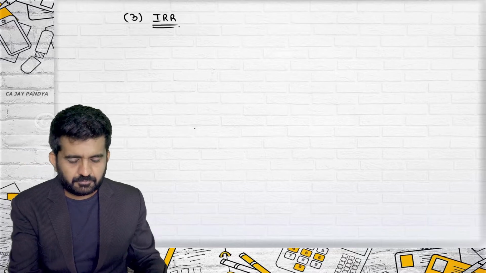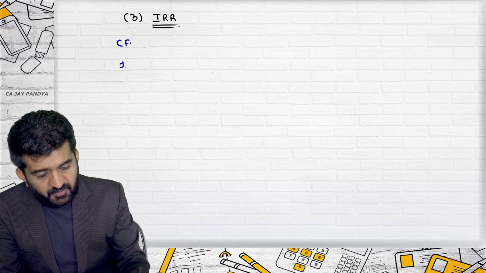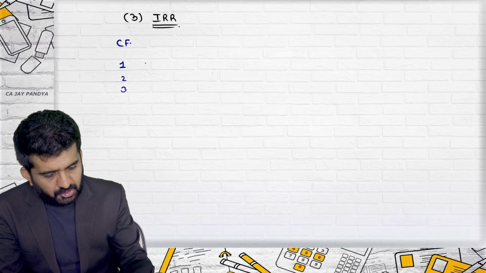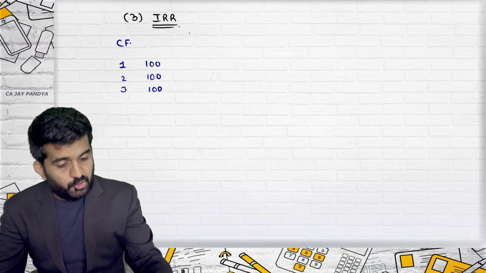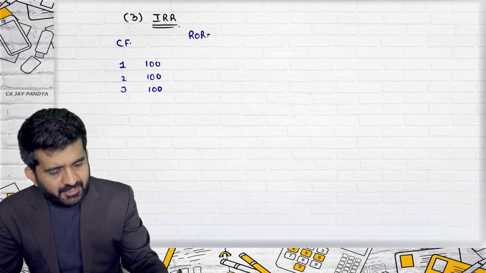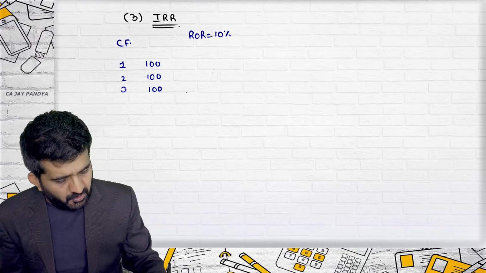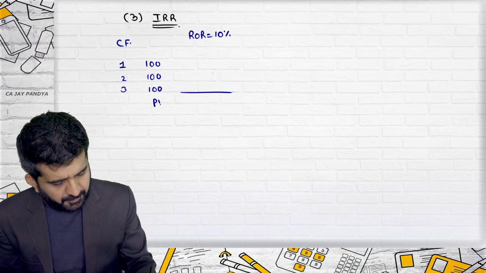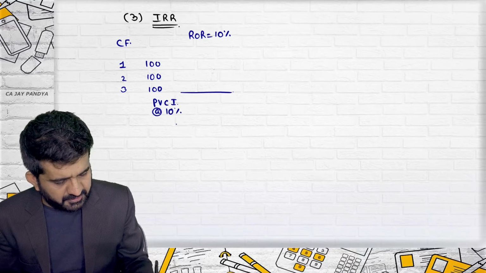I'm taking the same example. Your cash inflow for the first, second and third year is 100, 100 and 100. Your required rate of return is 10%. We also found the present value of cash inflow at the rate of 10%.